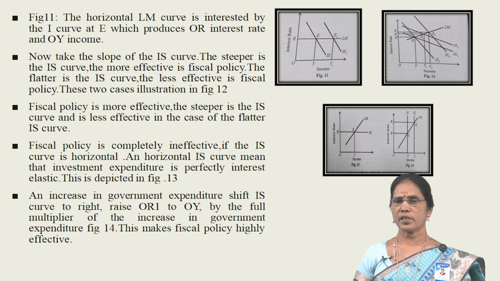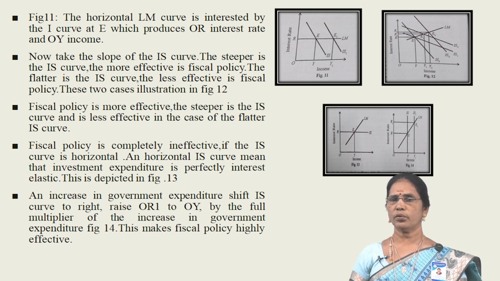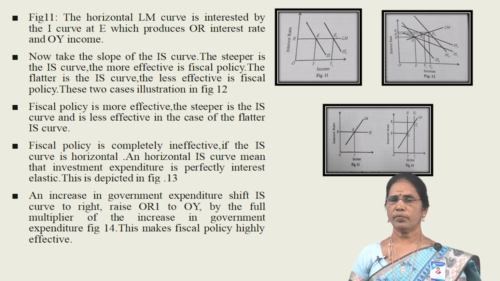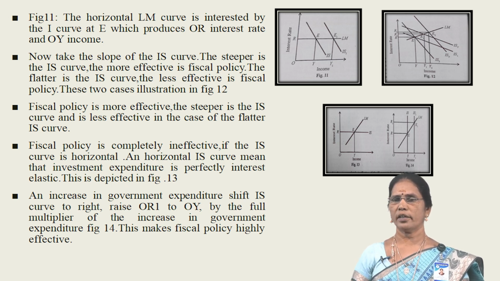This is depicted in the figure. An increase in government expenditure shifts the IS curve to the right, with OR1 interest rate and income OY. With the full employment increase in government expenditures explained through the figure, this makes fiscal policy highly effective.